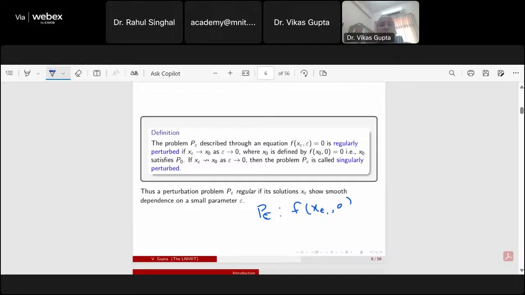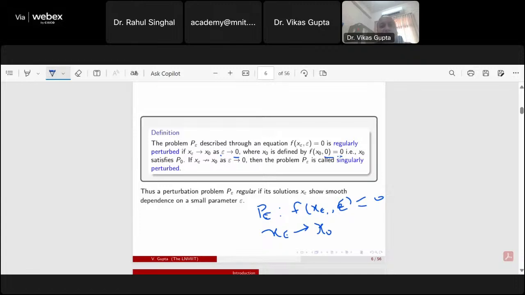Then this problem is said to be regularly perturbed if x epsilon, the solution to the problem f(x, epsilon) equal to 0, approaches x naught as epsilon approaches 0, where x naught is defined as the solution to the problem P naught, that is, the solution of f(x naught, 0) equal to 0. So in that case, the problem is said to be regularly perturbed.